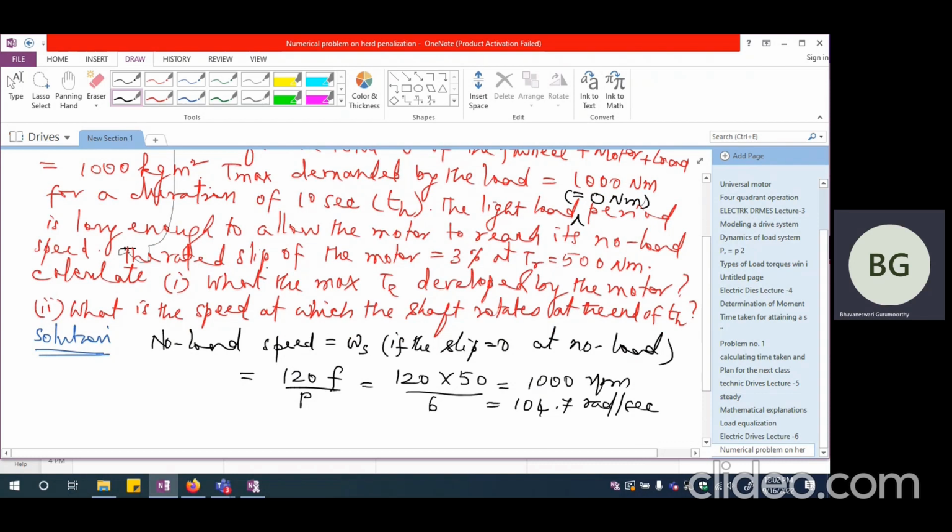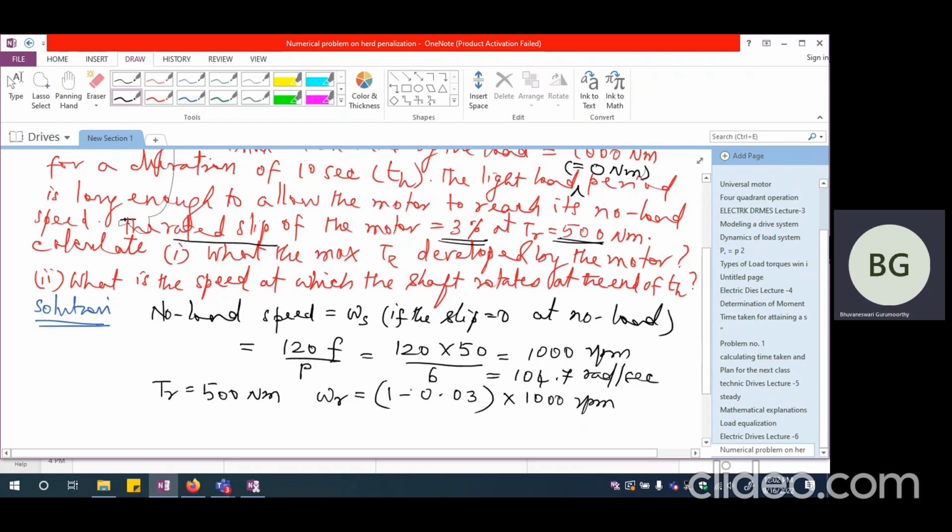And what is given is the rated slip of the motor is 3% at the rated torque of 500 Newton meter. So TR is 500 Newton meter and omega R, that is the rotor speed at 500 Newton meter torque being developed by the motor, is going to be 1 minus 0.03 multiplied by 1000 RPM.